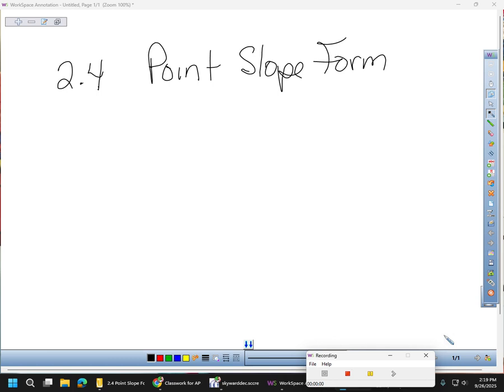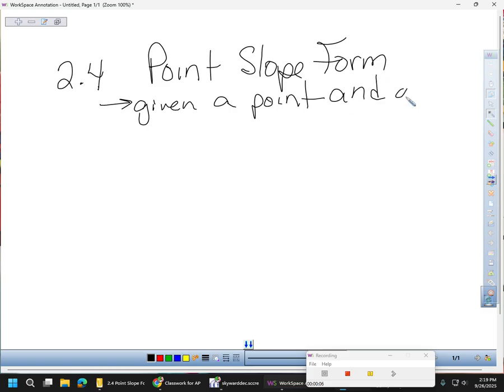2.4 is point slope form. Anytime that we are given a point and a slope, we are going to use this form.